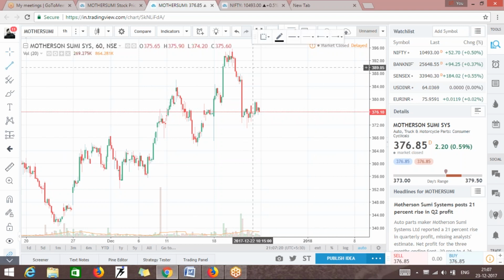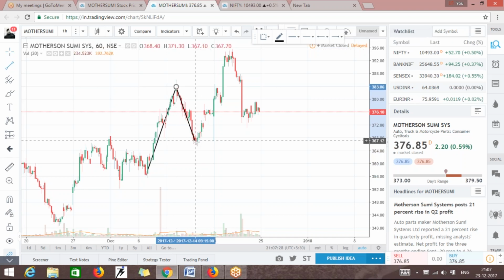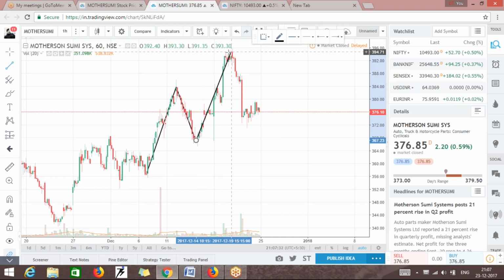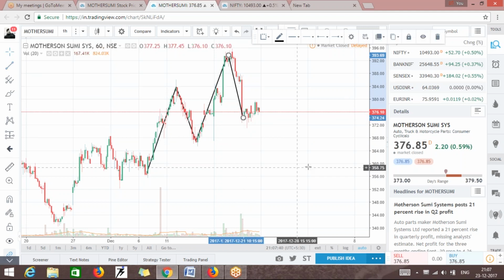Looking into this, you could see with your naked eye that yes, almost this is. If at all we are going to draw this one, this would be this point. From here we'll get another point. There may be slight difference in the criteria which is mentioned. So this is how exactly our chart is.